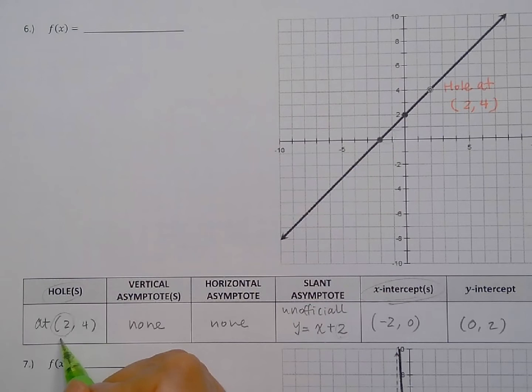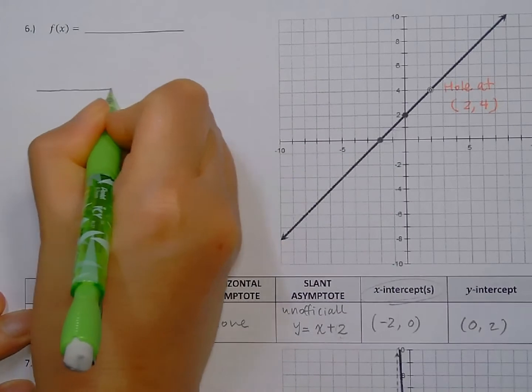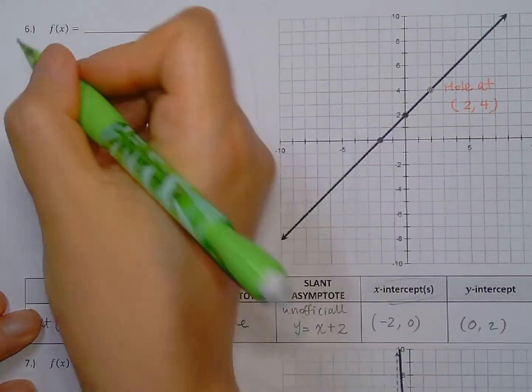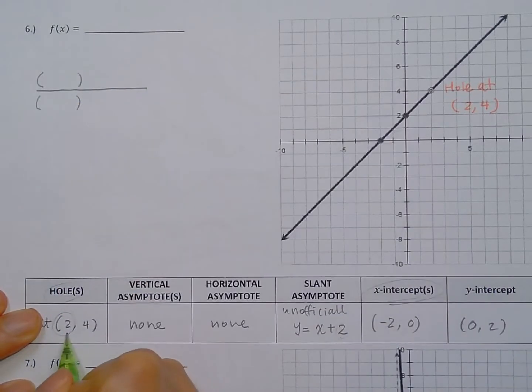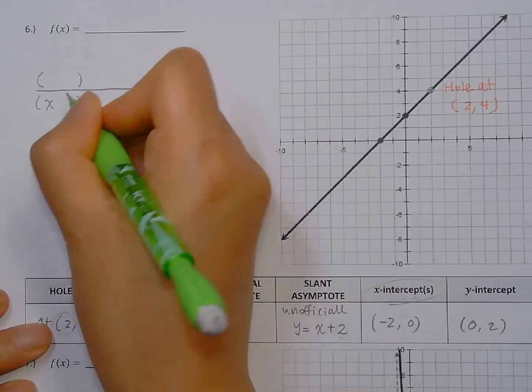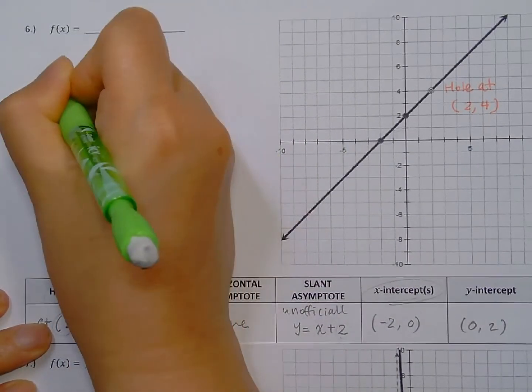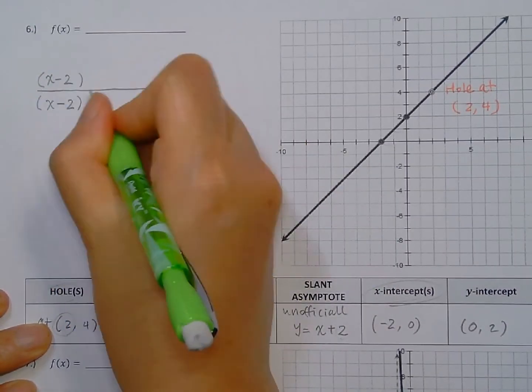So, that means I have to have a common factor that must have been cancelled top and bottom. So now I can start my first structure with a common factor top and bottom based on the x coordinate of the hole, positive 2. So I know for sure I have the common factor x minus 2, x minus 2 top and bottom. So it could have been canceled.